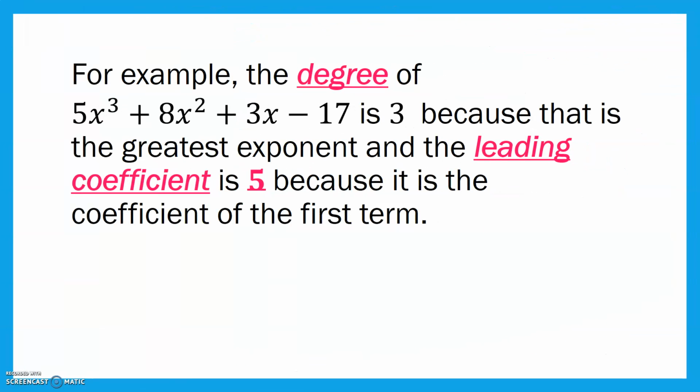For example, the degree of 5x^3 + 8x^2 + 3x - 17 is 3, as we already talked about, because that's the greatest exponent. And the leading coefficient is 5 because it is the coefficient of the first term. Remember, coefficients are the numbers in front of the variables. So the leading coefficient is the number in front of the variable with the highest degree, in this case the number in front of the x^3.